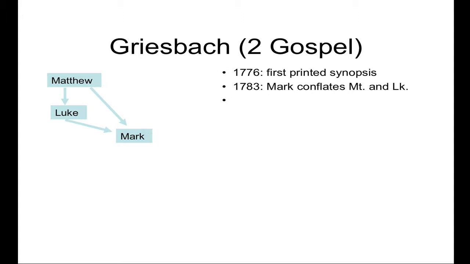I'm going to criticize the Griesbach hypothesis now. So first we criticize the dominant hypothesis, now we're criticizing the counterproposals. But before I criticize the Griesbach hypothesis, I want to observe that this diagram will account for all the data. Why do Luke and Matthew have sayings in common that aren't in Mark?